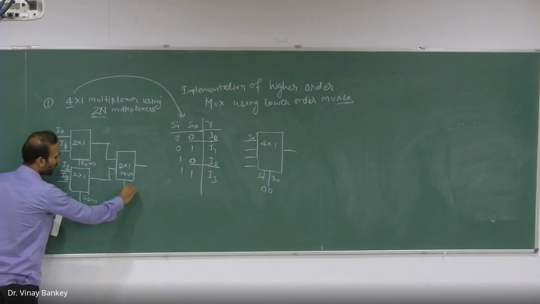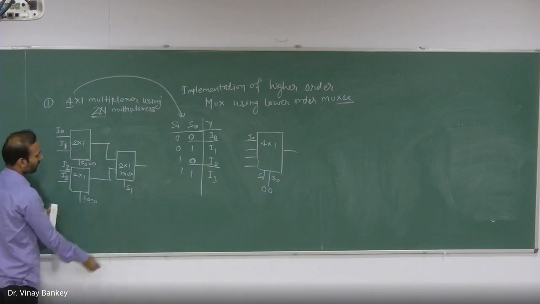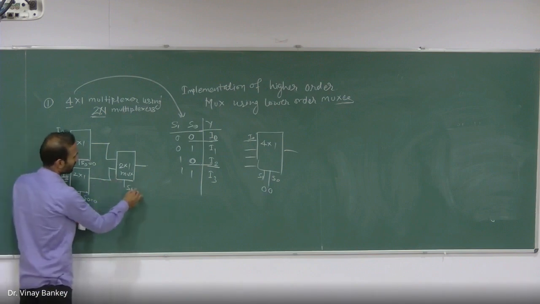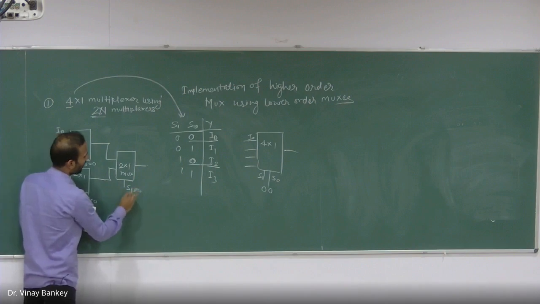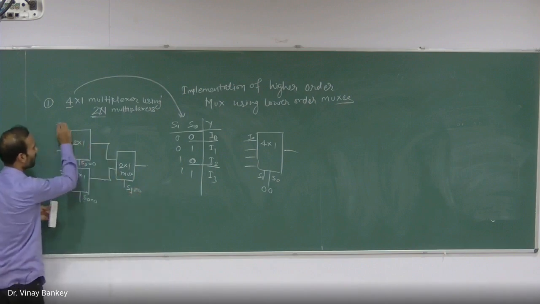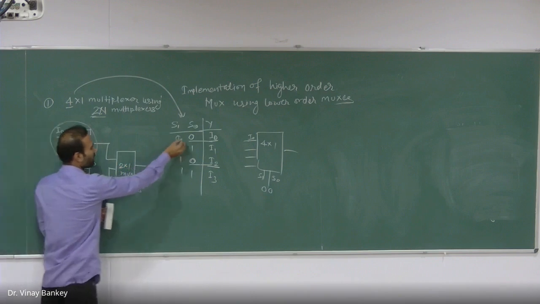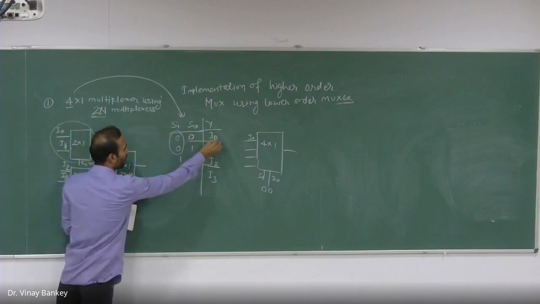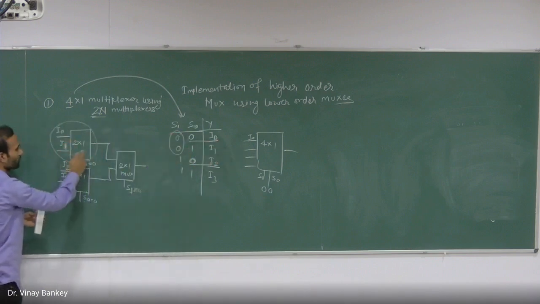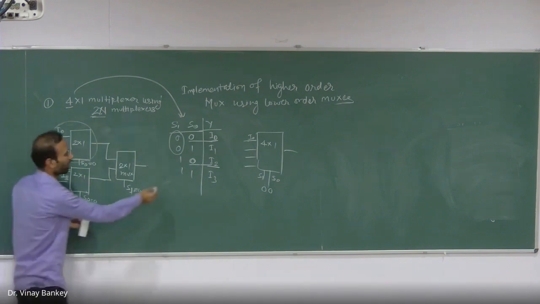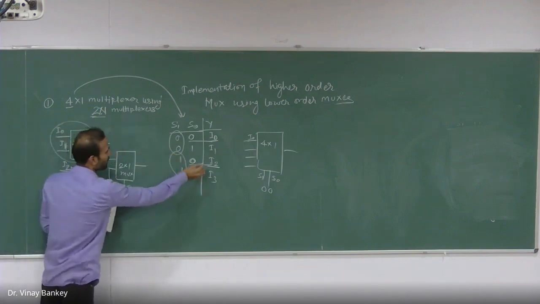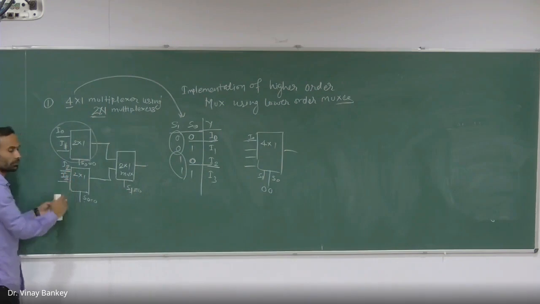And if I assign this selection line as S1, my job will be done. When S1 is 0, this part will be selected. It means when S1 is 0, I0 and I1 will be selected here. And when S1 is 1, I2 and I3 will be selected.